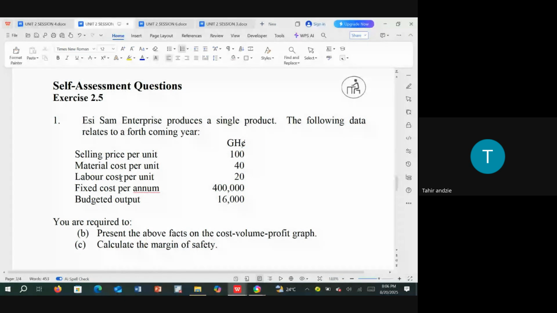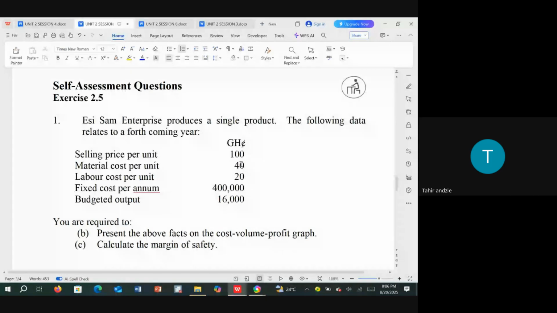Labor cost per unit is 20 Ghana cedis. So what will be the variable cost per unit? 60 cedis. Yes, sir. Okay, so that is 40 plus 20.